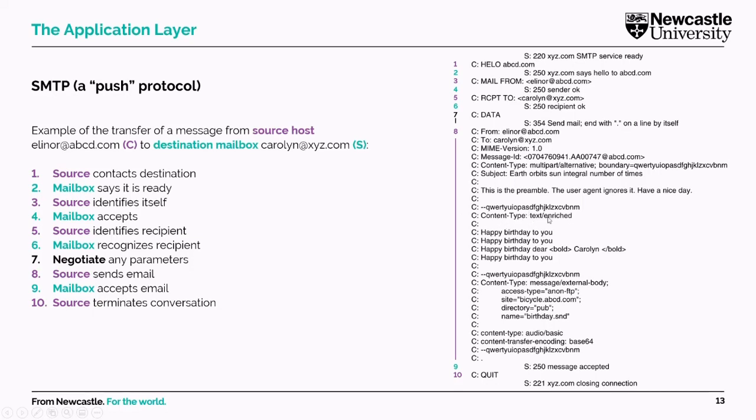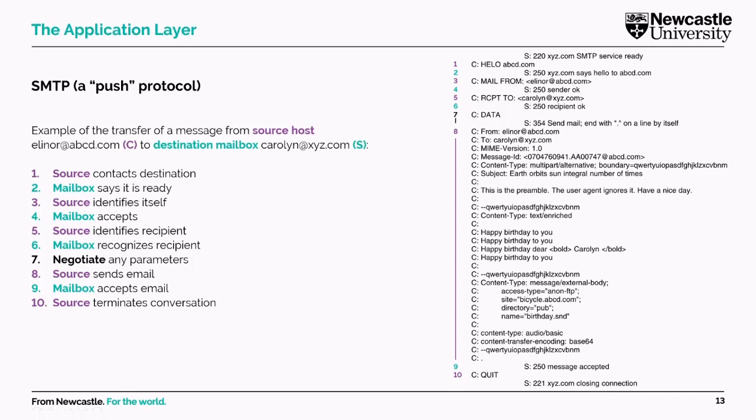Text enriched means that you're using markup text, so you're using commands such as bold to emphasize or define how your text should be formatted and how it should be displayed. And then we have further headers or trailers, and then the mailbox accepts the email, and that terminates the conversation.